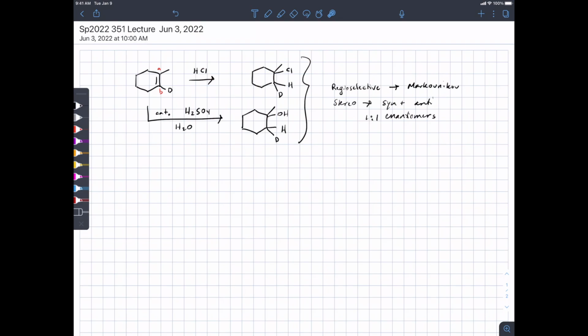But the answer I'd have to give you is I don't know. The issue is just both of these are aqueous acids, so why does chloride come in here, but water comes in there? All I've got is maybe HSO4 minus is a bad nucleophile, but that's more hand waving than a real reason.